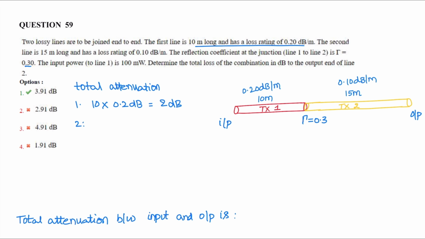Total attenuation in transmission line 2: its length is 15 meters and the attenuation is 0.1 dB per meter, so its value is 1.5 dB. Now the attenuation due to the reflection coefficient.